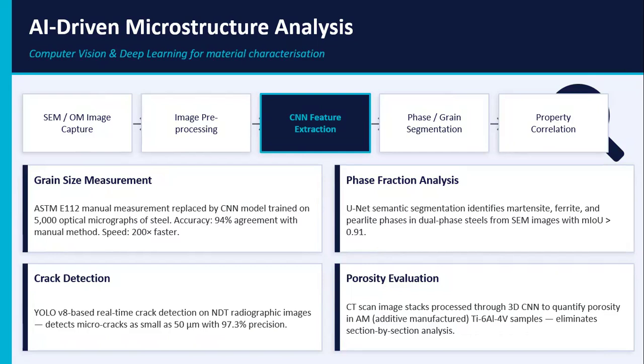With the help of convolutional neural network algorithms, it can analyze thousands of images rapidly and more consistently. AI systems can identify different microstructures of the material, such as ferrite, pearlite, and martensite, as well as cracks and porosity with high precision. This dramatically reduces the analysis time while improving repeatability and reliability.